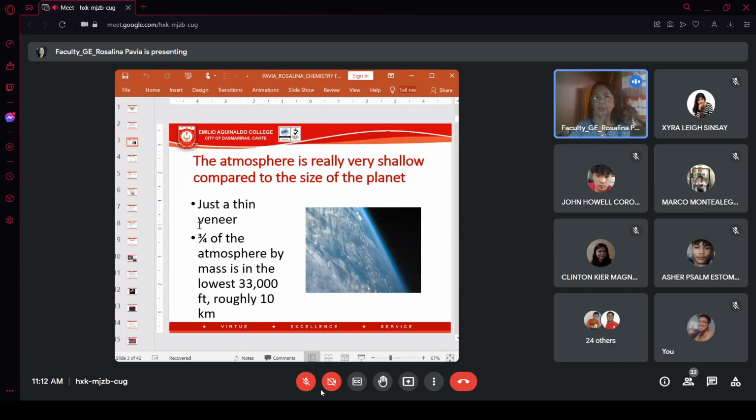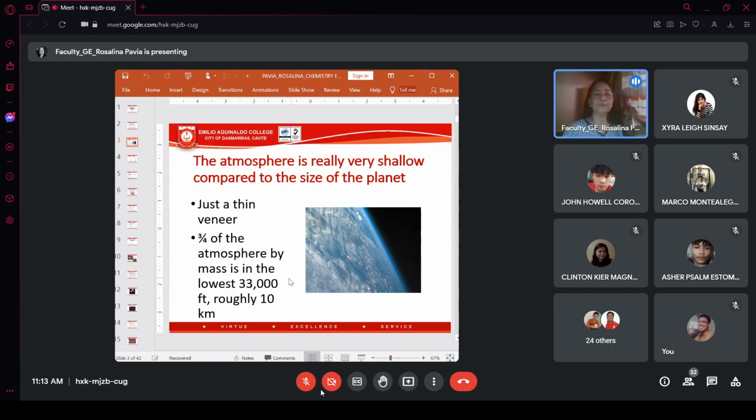So when you say veneer, parang if you can compare it with a thin sheet of paper, or a thin peel of orange, parang ganun siya. Parang yung earth na natakpan lang ng orange, 'di ba? Pag binalatan mo 'yon, yung balat niya, that is considered to be a veneer. Manipis lang siya. So the atmosphere is actually a thin veneer.